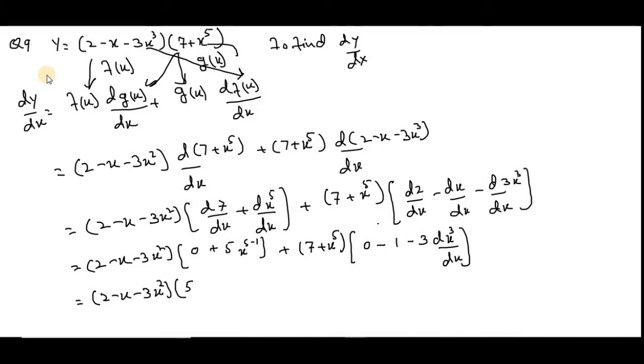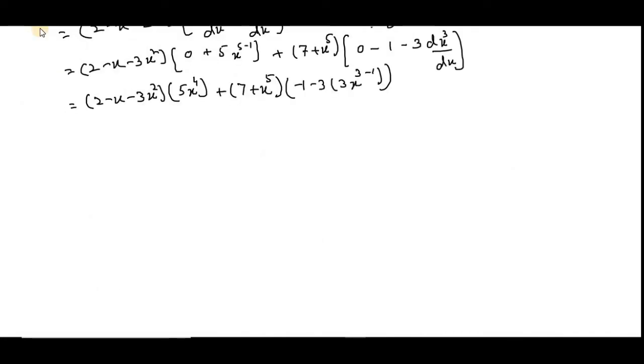So 2 minus x minus 3x cube, 5x raised to power 4, plus 7 plus x raised to power 5, minus 1 minus 3 times 3x raised to power 3 minus 1, which is the power rule.